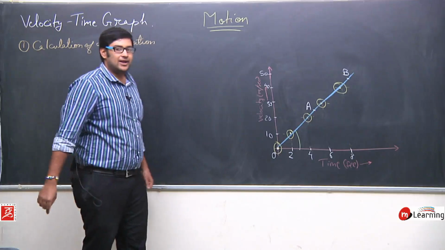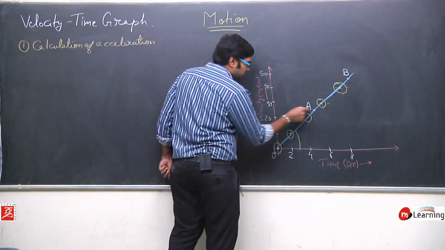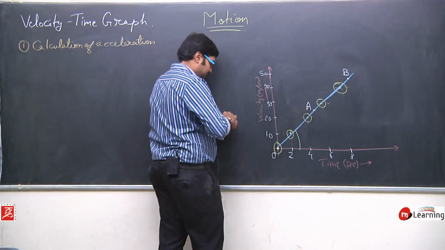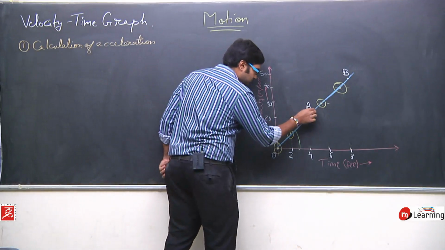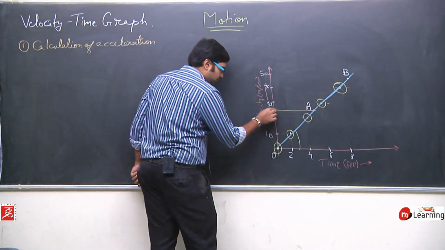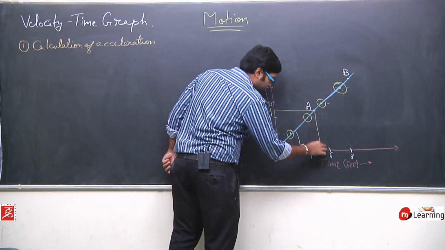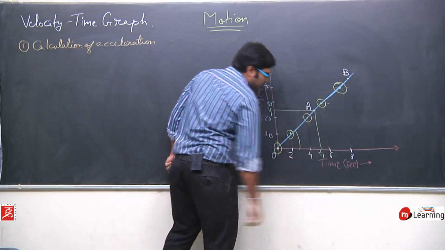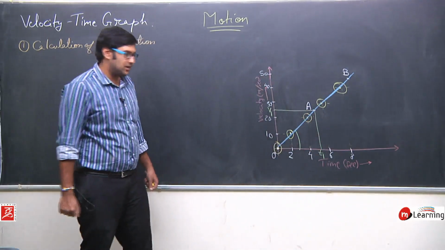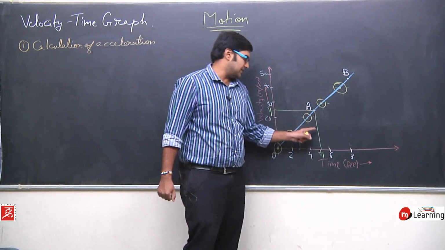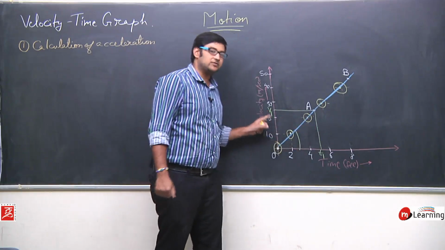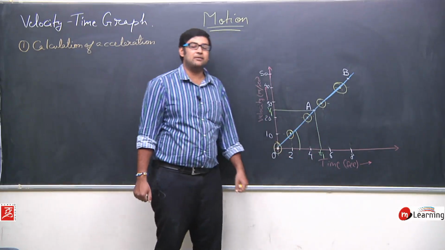Okay. Now, let us assume that point A represents the velocity V1 at time t1.